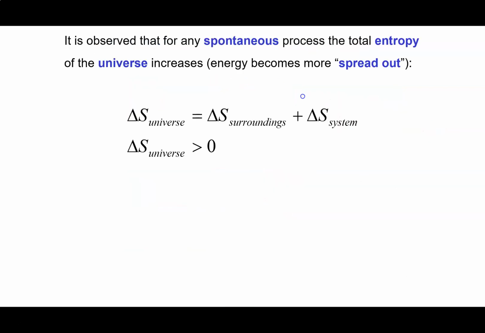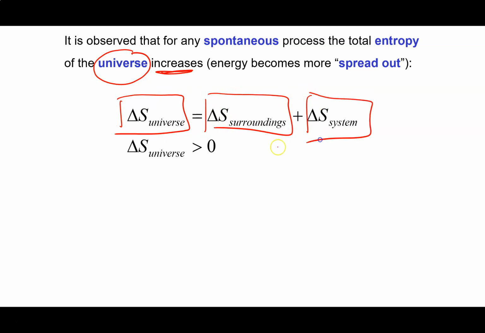Now what we observe is that for any spontaneous process, the total entropy of the universe always increases. So in any spontaneous process, the change in entropy of the universe, which is equal to the change in entropy of the surroundings plus the change in entropy of the system, is always a positive number.